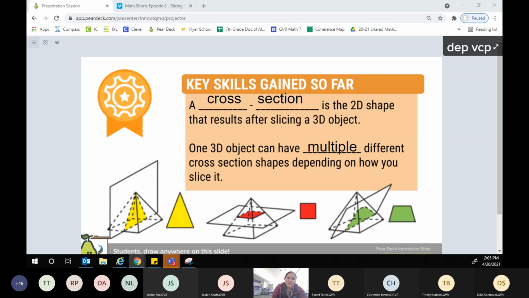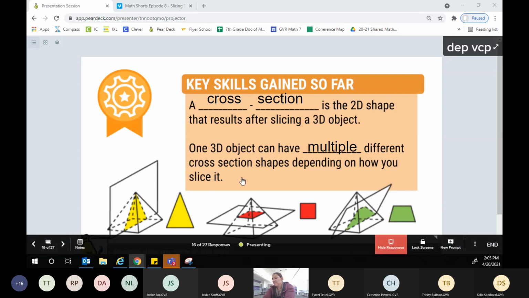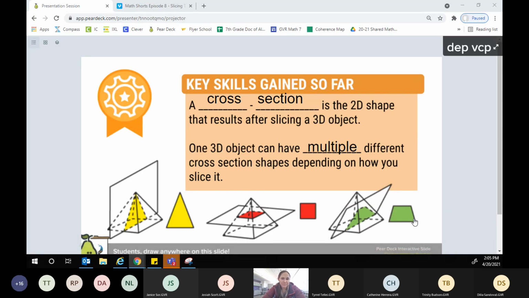Vertical through a square pyramid gives you a triangle because you hit that top point. Right here is a good example of how if I go through that top point, I make a perfect triangle. If I go horizontally, Delia did a good job explaining, it's just going to match the base. And if I go diagonally in a pyramid, I get a trapezoid. So that's kind of cool. Trapezoid if you go diagonally.